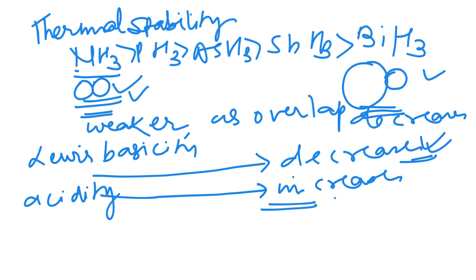Suppose arsenic, antimony, the bond between this can be easily broken and released as H+. So acidity increases in this case, if we move from nitrogen to phosphorus.